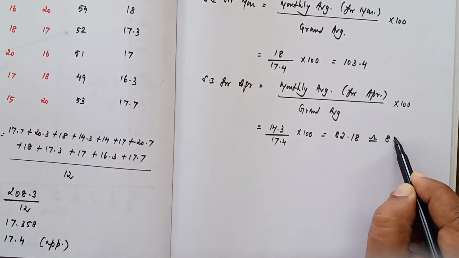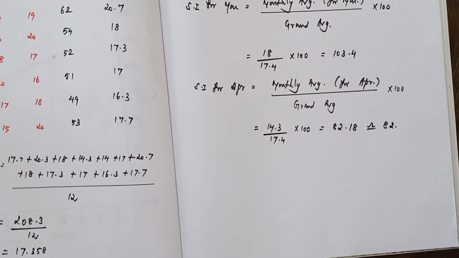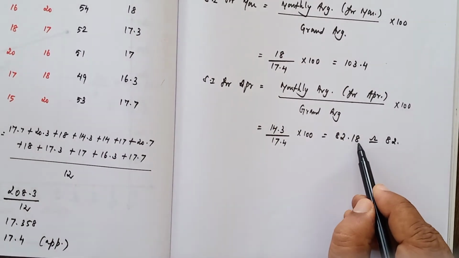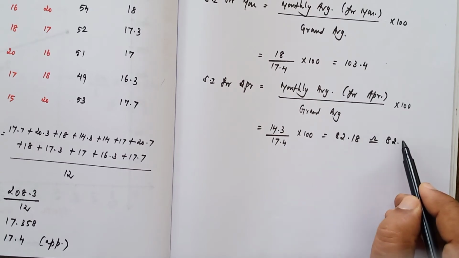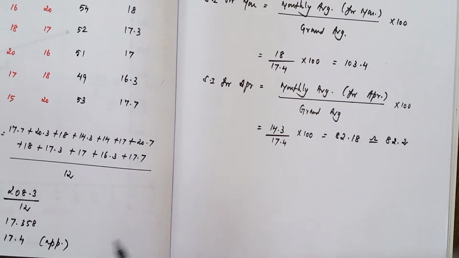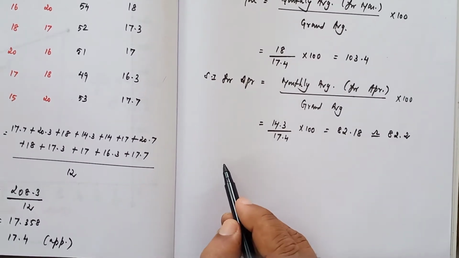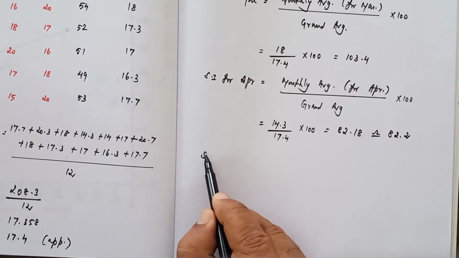It can be rounded to a single decimal place. Look at that number 8, so the 1 can be added: 1 plus 1 is 2. This is an approximate value.